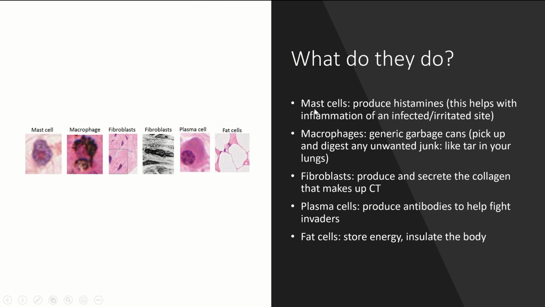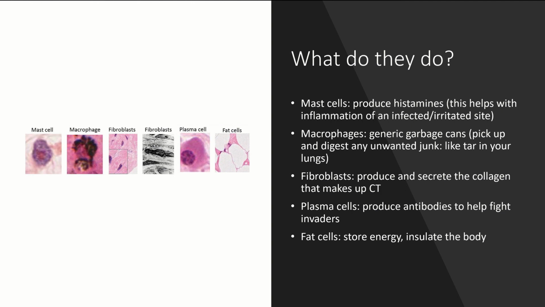What they are is they're cells that can be in the connective tissue, and what they do is produce histamines, okay? And histamines are a big mediator for inflammation. So what they do is if they see something is going wrong in the tissues, right? If you got a cut, if you have an infection, anything like that, they're going to pick up on that and they're going to jut out some histamines.